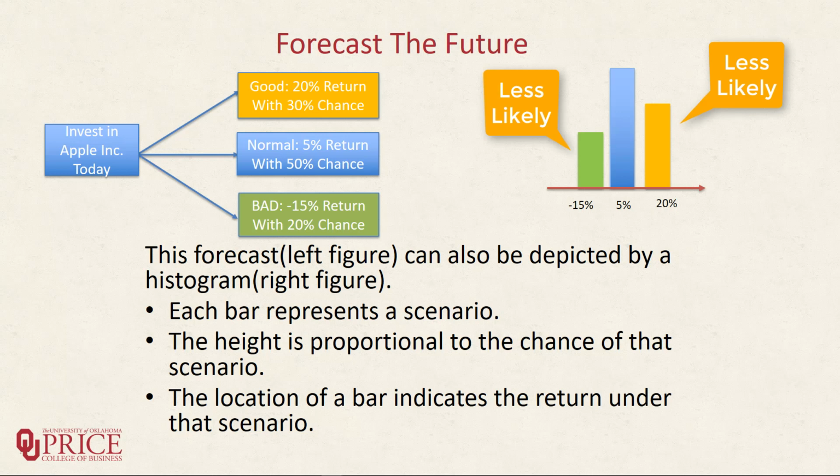A very good case is not very likely, nor is a very bad case. The middle cases are more likely. So when we have a distribution like this, the center location of the distribution is close to the expected return. In this case, the expected return of Apple should be close to 5%.